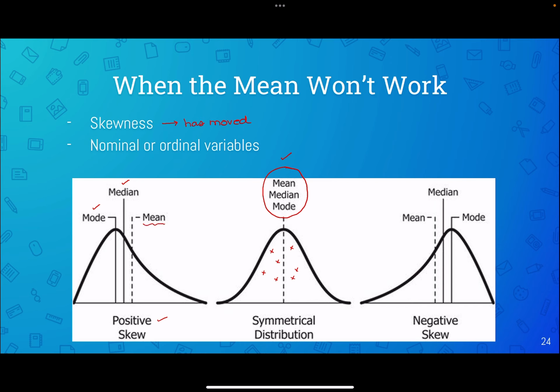It has changed a little bit because most of the scores are somewhere over here. On the other hand, when we have negative skewedness, the mean goes before the median, which is still very central, or the mode, which is what has been mentioned the most. So just remember that the mean is not always the best measure of central tendency that we have.